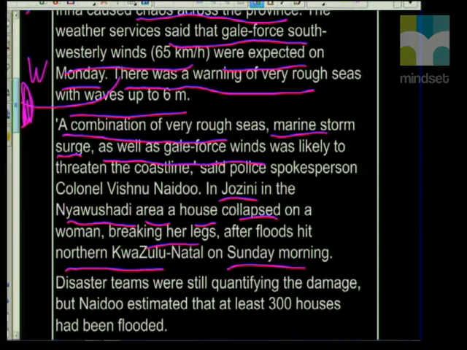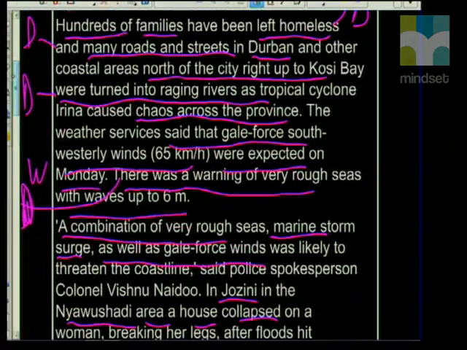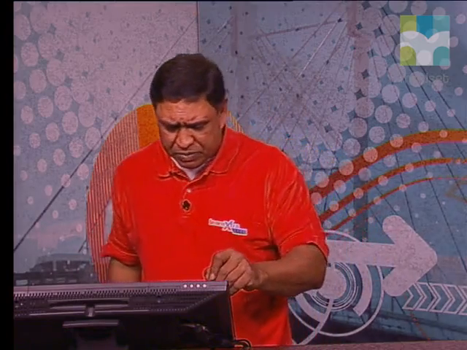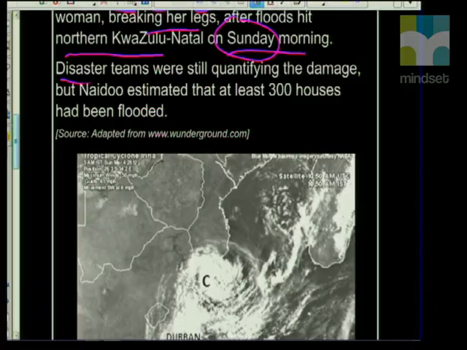Another problem here, learners: it was said it would hit on Monday, but it hit on Sunday. Wrong warning, so it caused more destruction. Can you see how we're reading into the article? The disaster teams were still quantifying the damage, but Naidu estimated at least 300 houses have been flooded. So there's lots of information here that we picked up.